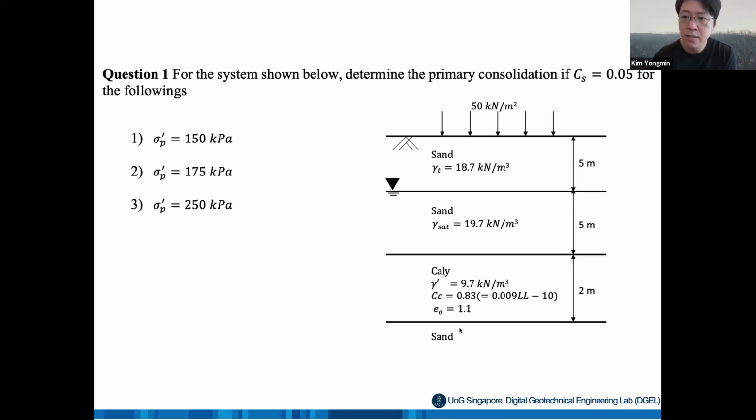Only for clay. So consolidation settlement takes place where? Sand, the second layer sand, sorry, this is a clay, only the clay layer.